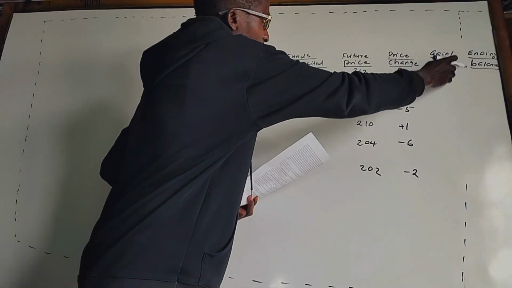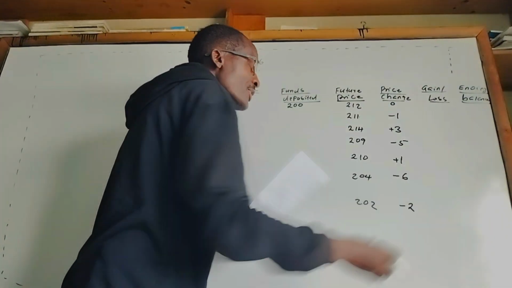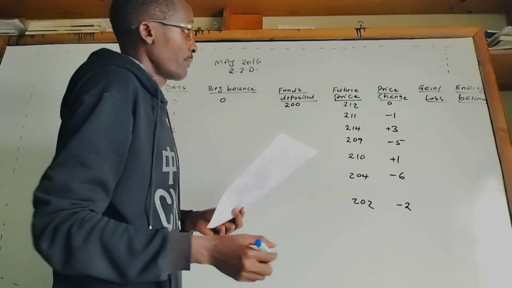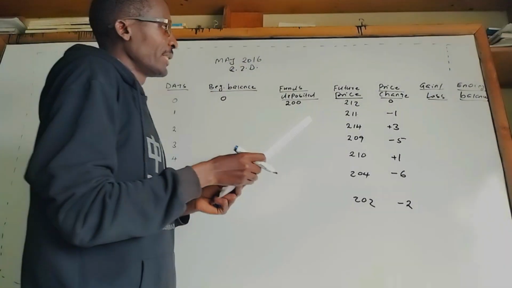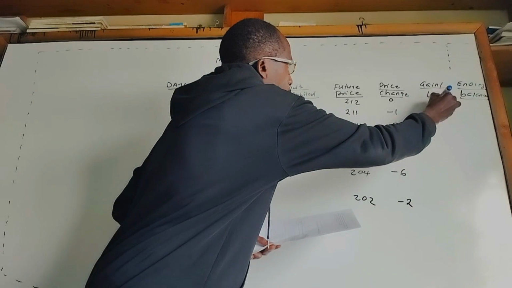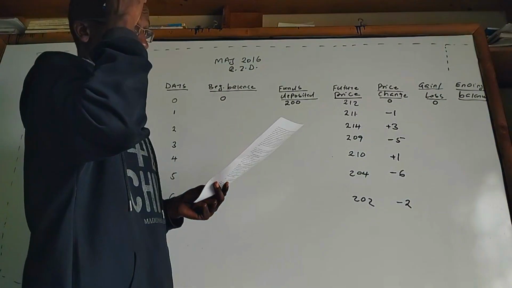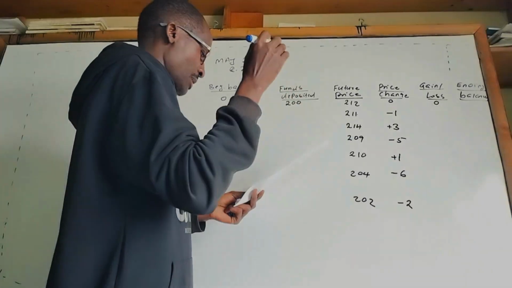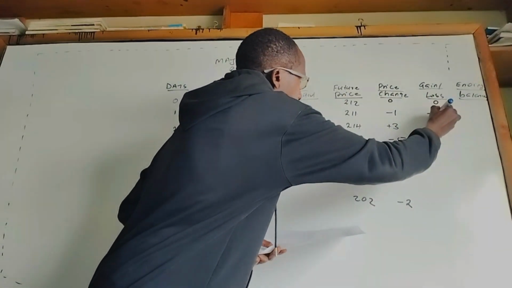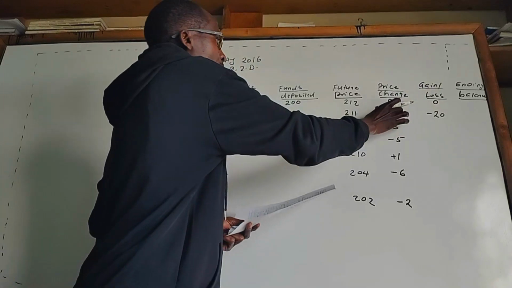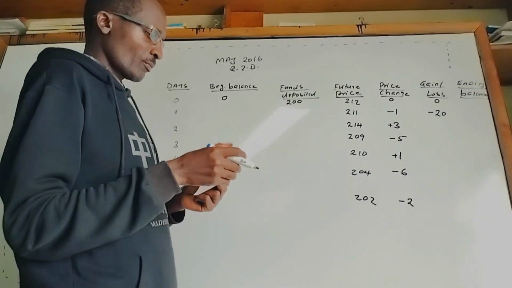Now from there we have the gain or loss. We want to see what is the gain or loss in that case. Because we have 20 contracts, our gain here is 0, because 20 times 0 is 0. The next is a loss of 20, which is negative 1 times 20 contracts.